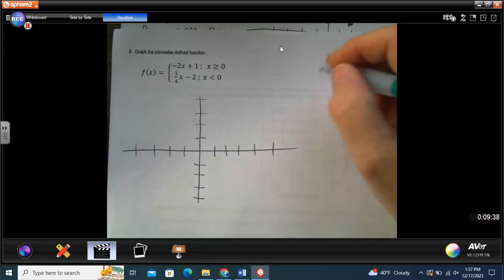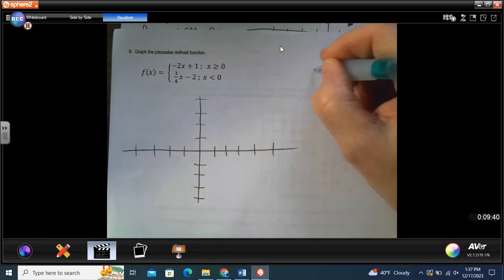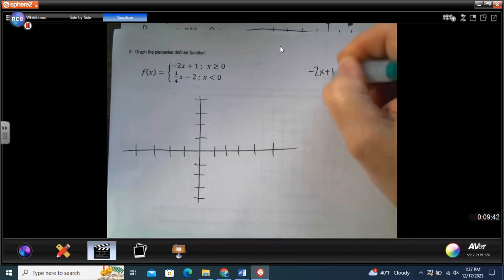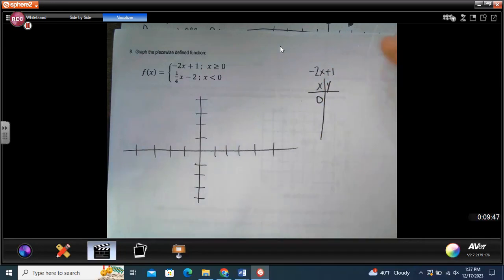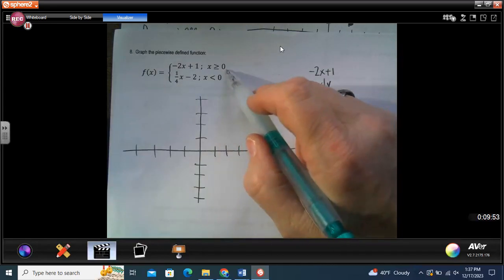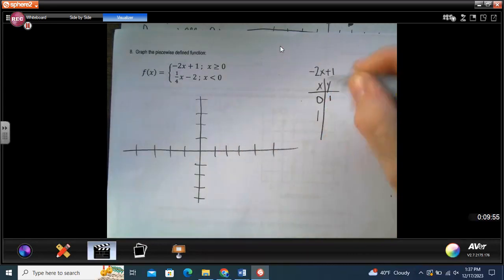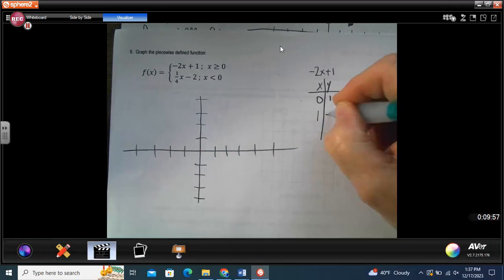So the first equation, -2x plus 1, and our swing point is 0. So if I plug in 0 there, I get 1. And then I'm supposed to plug in numbers that are bigger than 0 for this one. So I'm going to plug in 1, and I get -1.